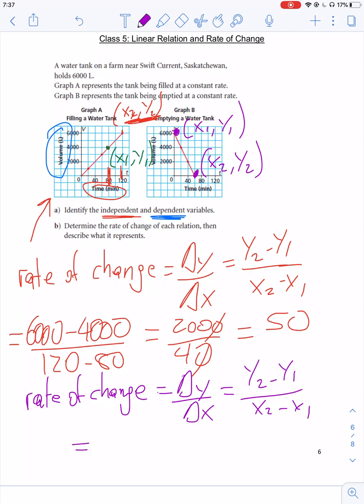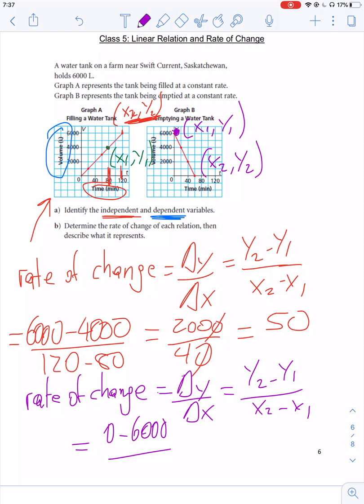Now let's apply the formula. My y coordinate of this point is 0, minus y1. Y1 is actually 6,000. Then you divide this by x2, which is, I can't really see, but it's between 40 and 80, so that's 60.